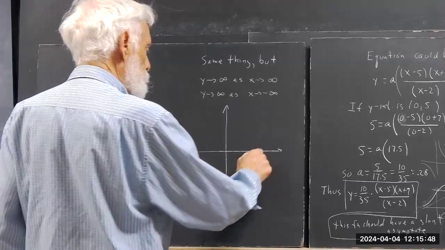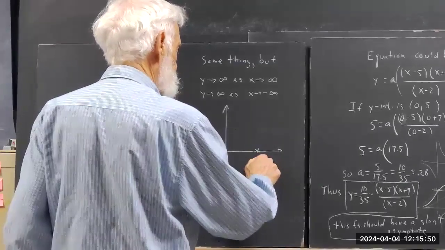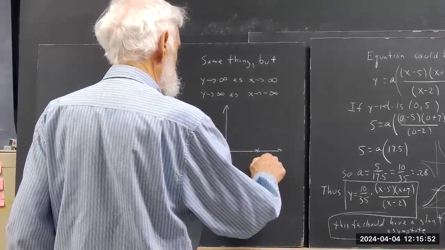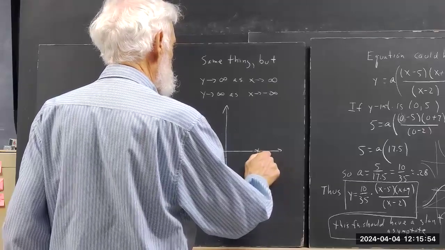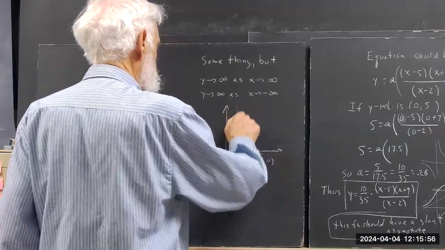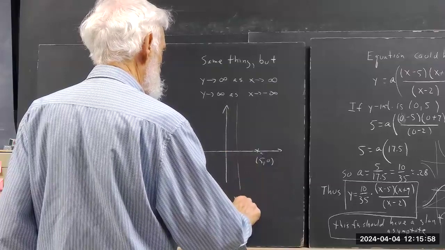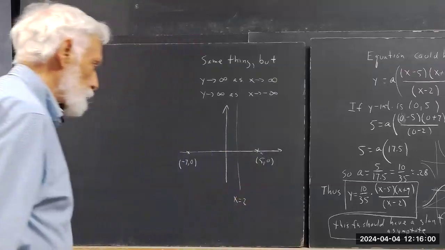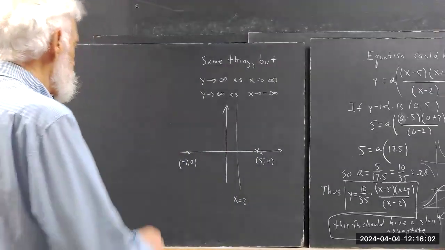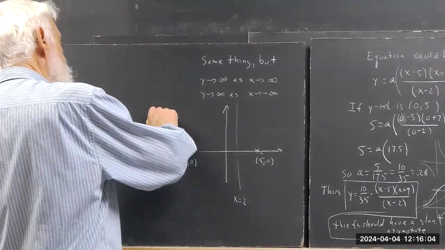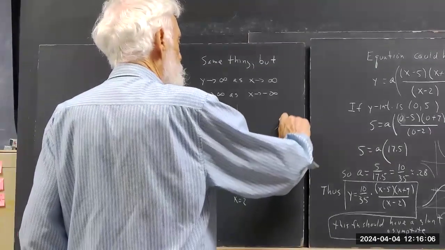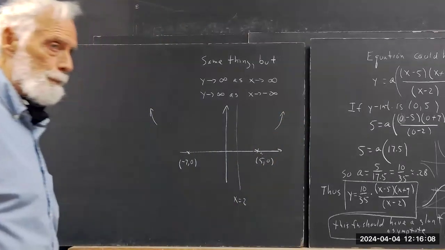Point -7, 0 here. Point 5, 0 here. And a vertical asymptote of x equals 2. But it's got to go up here, and it's got to go up here.